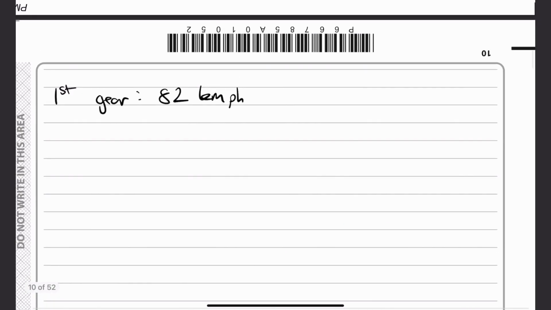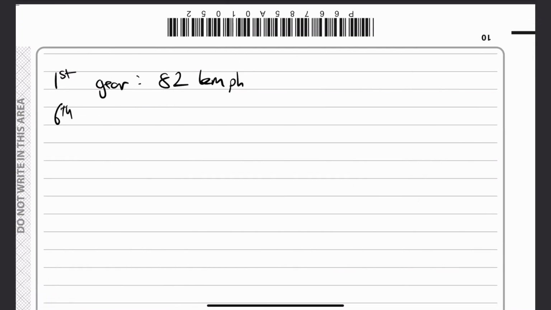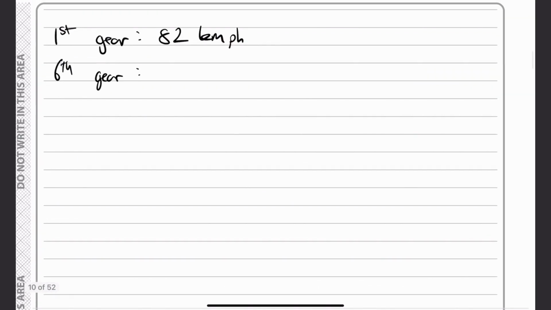So first gear, 82 km per hour. I think that's what it says. 82 km per hour. Okay. In sixth gear is, what's that say? 115 km an hour. Okay.